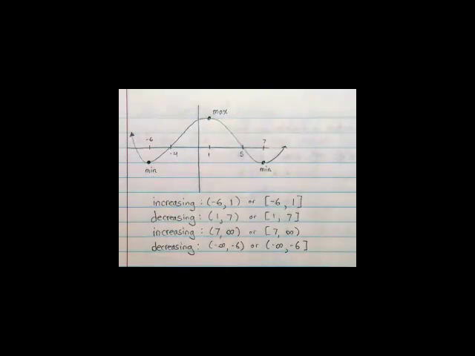Now, we can do this on our calculators as well, and I'm going to kind of wrap this into doing it with finding extreme values. Okay, so let's graph a function here real quick.